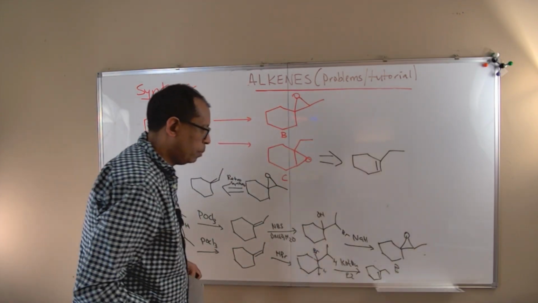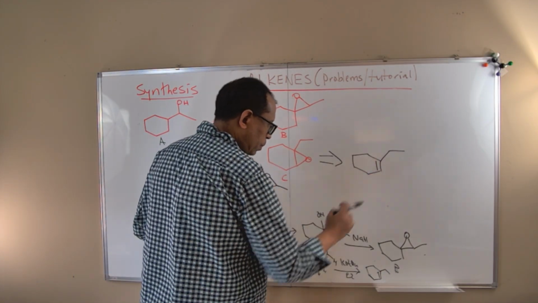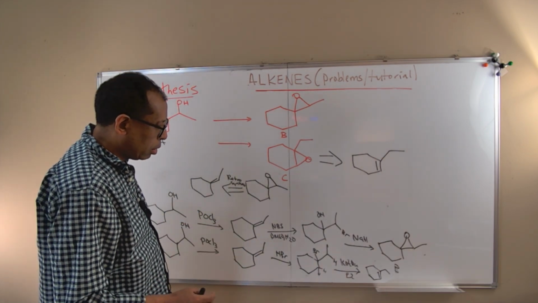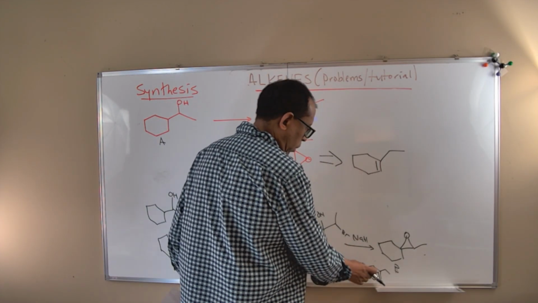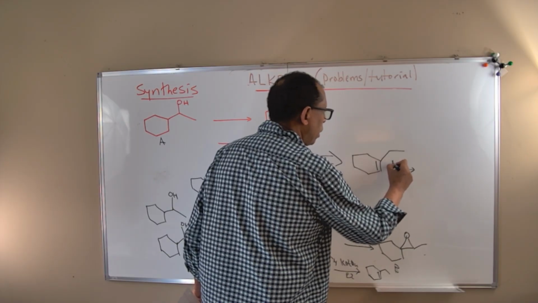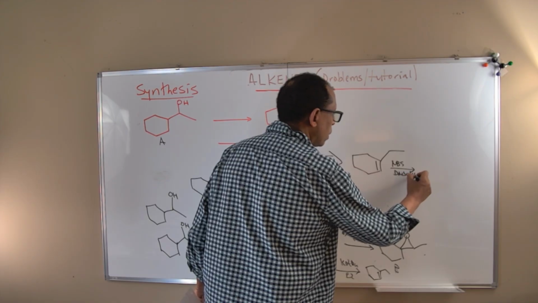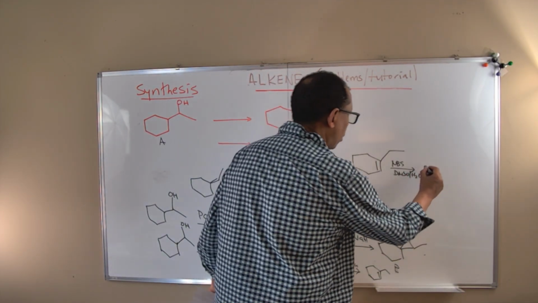Basically I am right there. After that it's very easy, because once I have that, I can just do NBS, DMSO, water. I think that should give me the bromo alcohol.